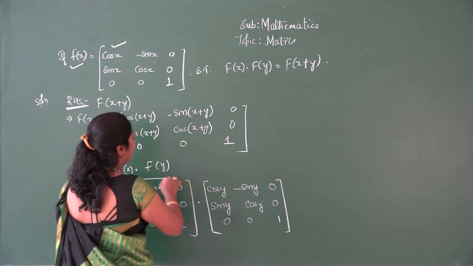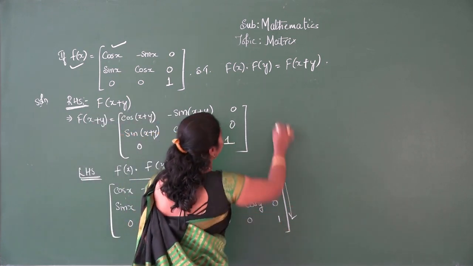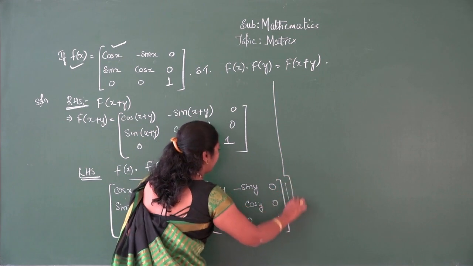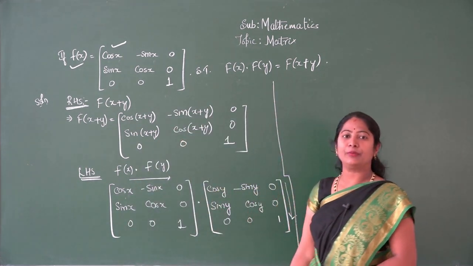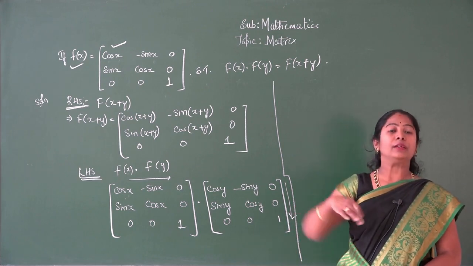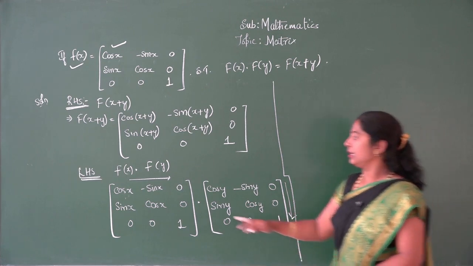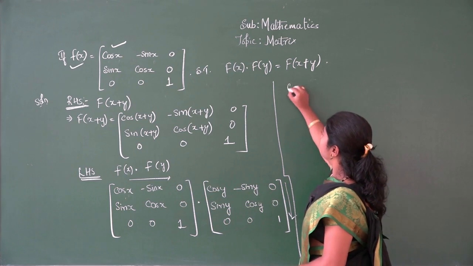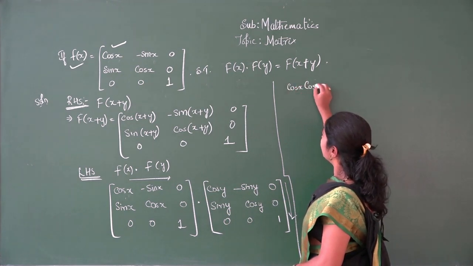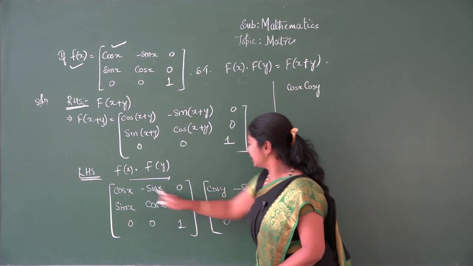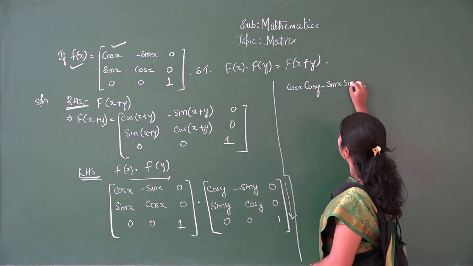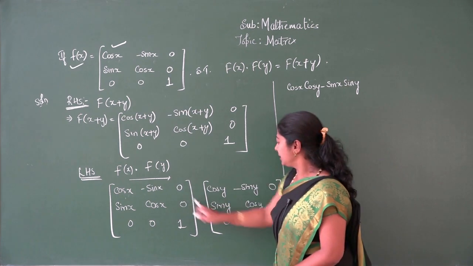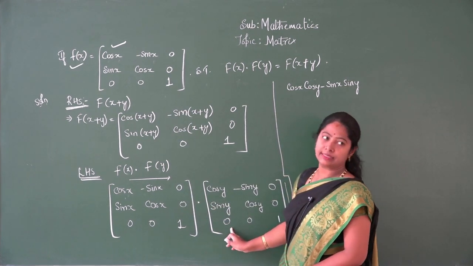By matrix multiplication, we will start off with the first row in the first matrix and finish off with all the columns in the second matrix. Cos x into cos y, cos x cos y minus sin x into sin y, sin x sin y, 0 into 0 will sum up to 0 itself.